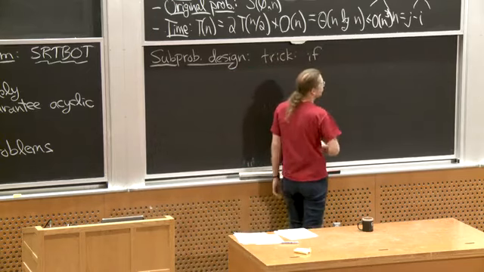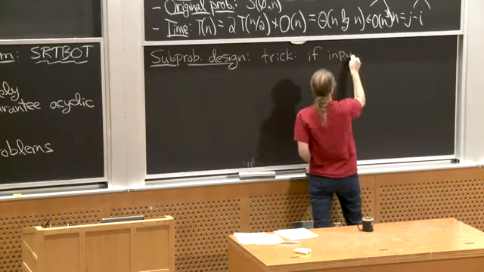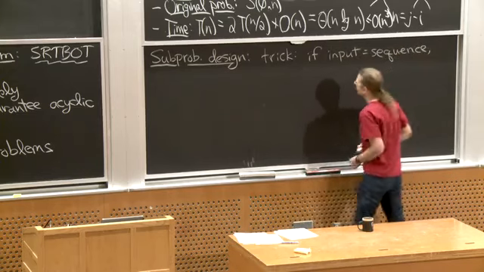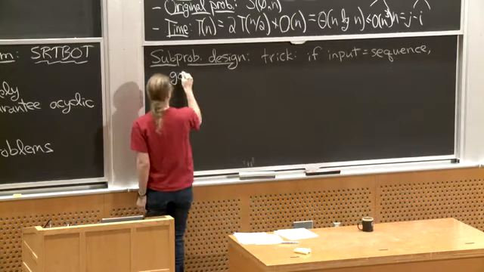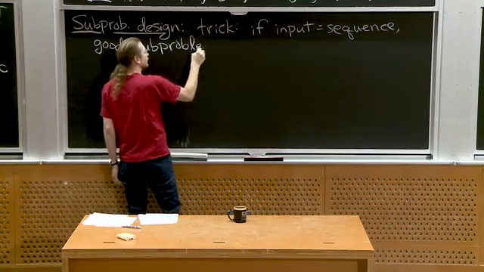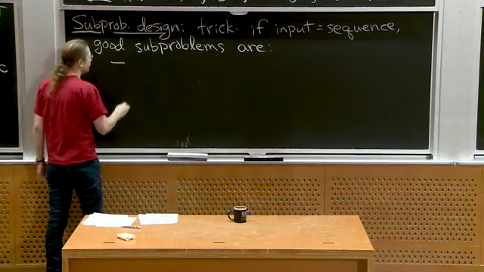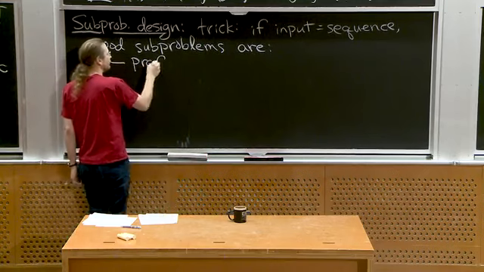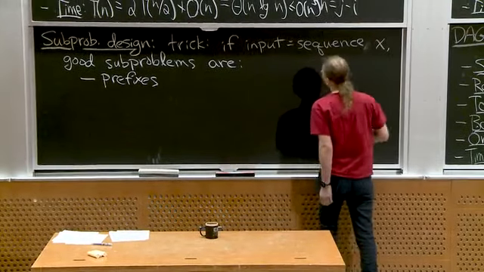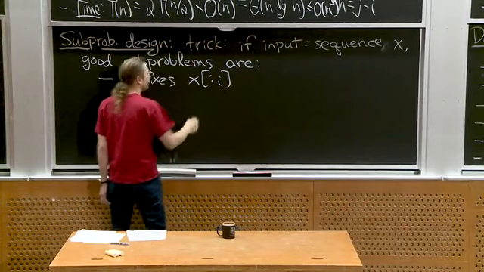If your input is a sequence, here are some good subproblems to consider. We could do all prefixes. So let's call the sequence x. We could do x prefix, meaning up to a given i, for all i.